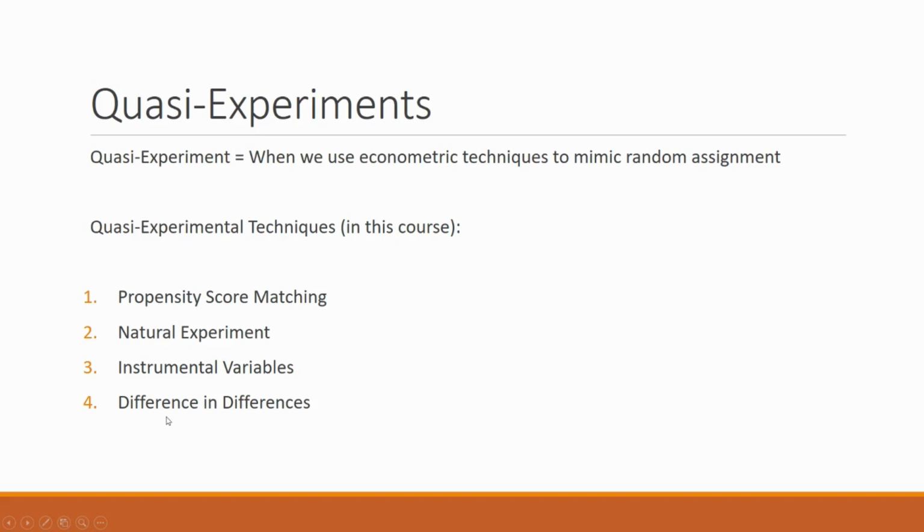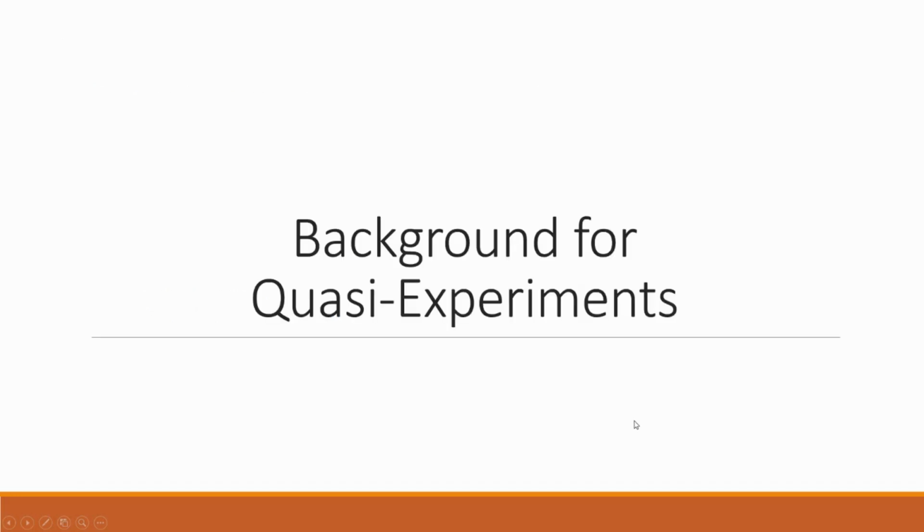And then finally, we'll talk about difference in differences. All right, so these are 4 different techniques that we can use to mimic random assignment, even when we have not randomly assigned our intervention. All right, today we're going to talk about propensity score matching. It's one of these quasi-experiments, one of these quasi-experimental approaches.